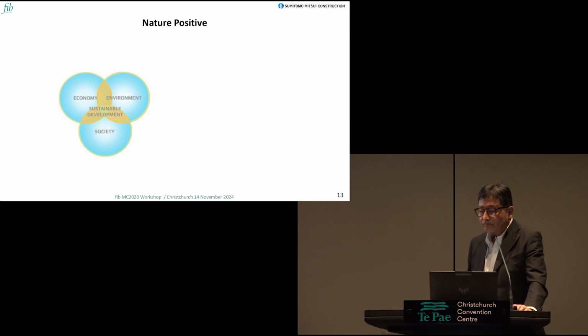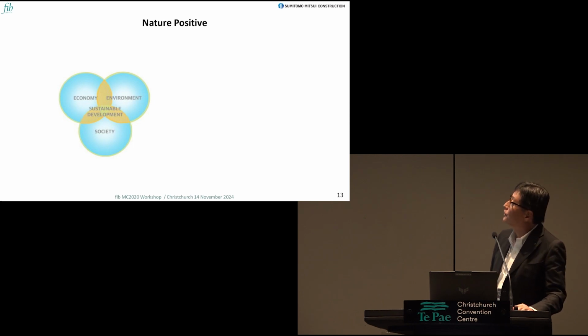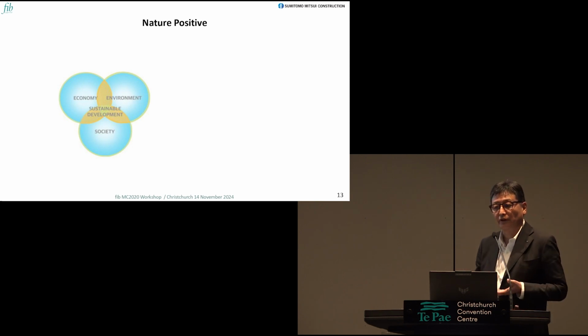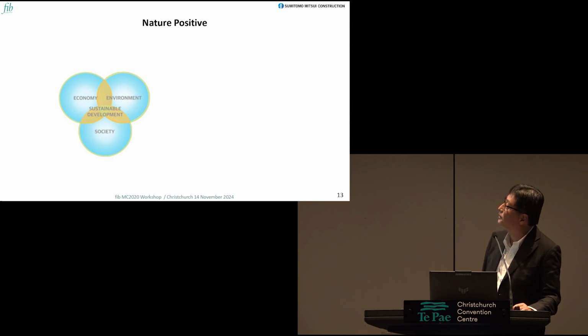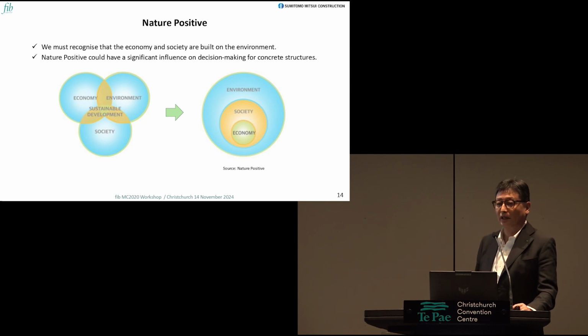So we are thinking about the three pillars of eco, like this, but I found a very, very interesting proposal, and it is nature positive. The environment includes the other two aspects. So we must recognize that economy and society are built on the environment.